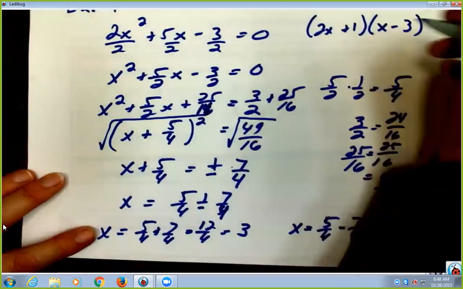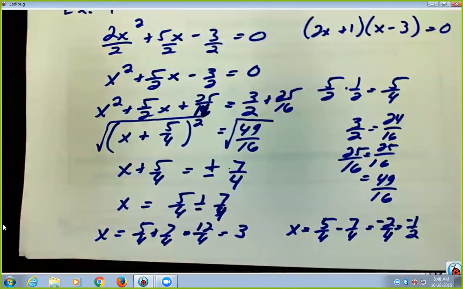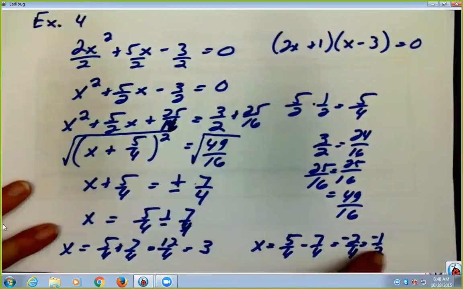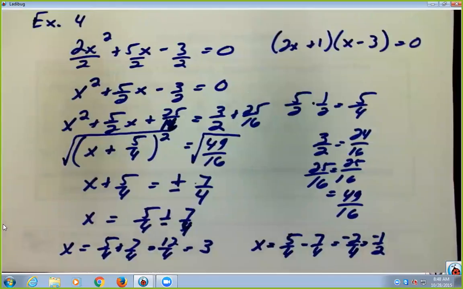So it would have factored, and if you would have set both of those two pieces equal to 0, you would have ended up finding our two answers at the bottom. So it could be a method for factoring, if you reversed it and came up with what it would be.